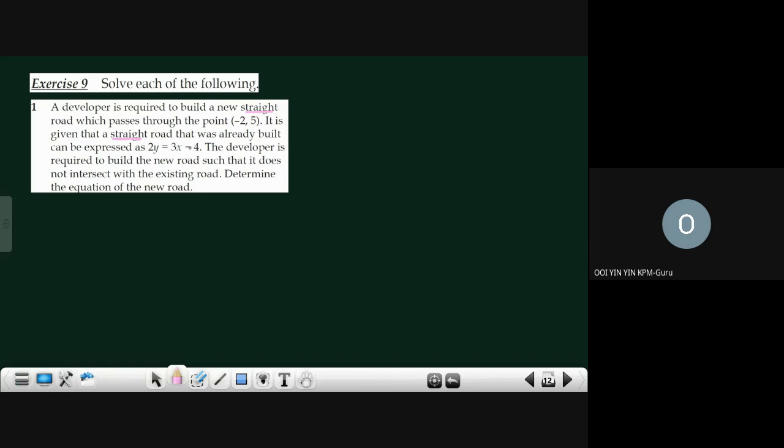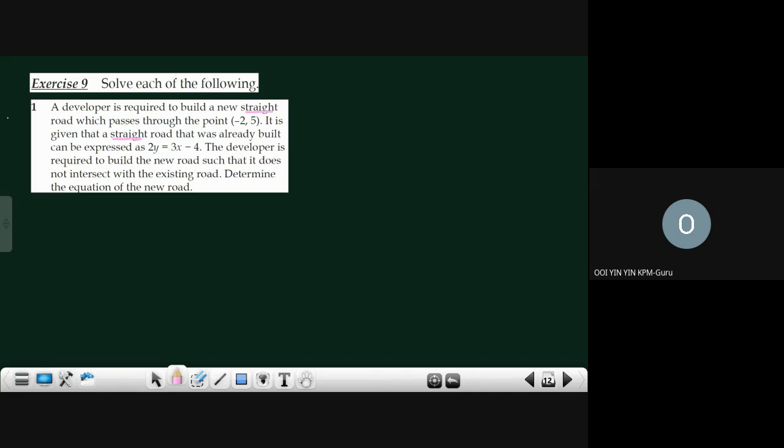Whenever you see a straight line, they give you equations, they give you a point like this, you should suspect it is this chapter. All the equations in this chapter, you must use wisely. It means you must think, when you get a straight line, equations, and a point, it must be this chapter, it won't escape.